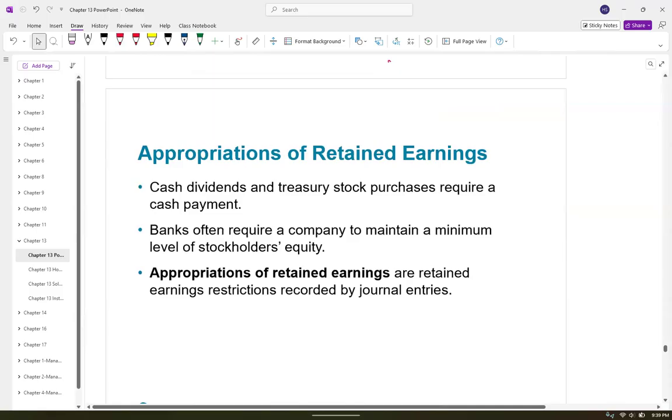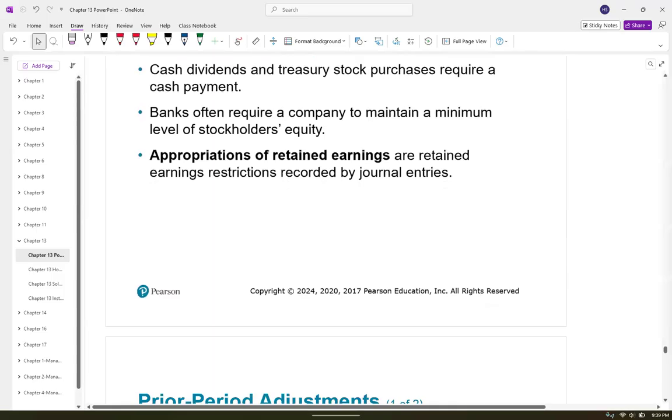We could have some of that set aside. We may have gotten a bank loan, and the bank said, I want you to appropriate $1 million of your retained earnings. They just want it to be restricted to where you can't pay that out in dividends. So that would be like a loan covenant. That can be formalized as a journal entry, but it doesn't necessarily have to be. It could just be in the notes to the financial statements.